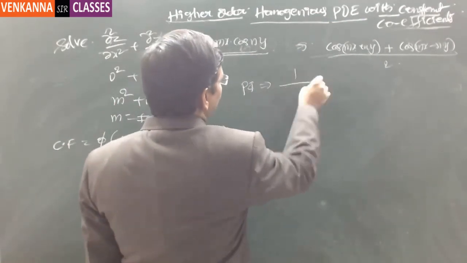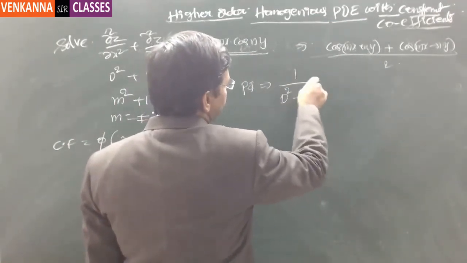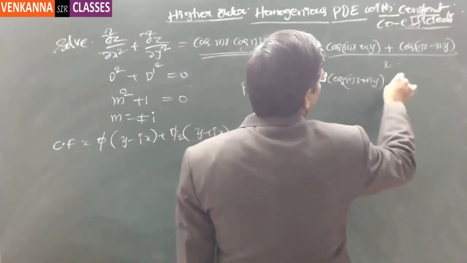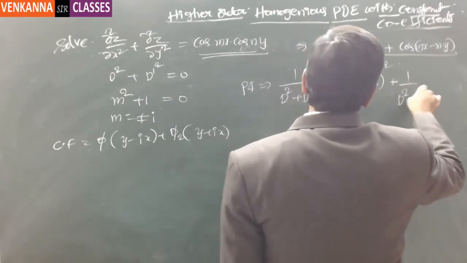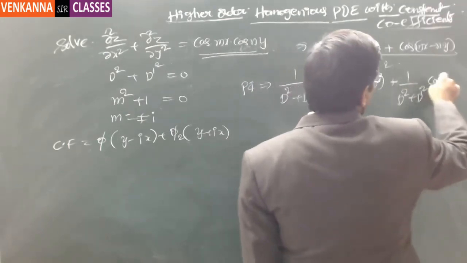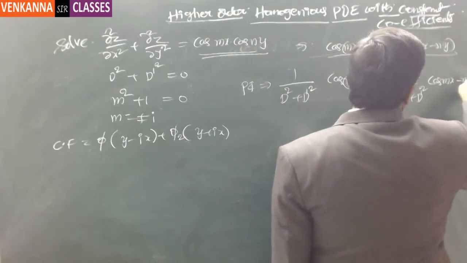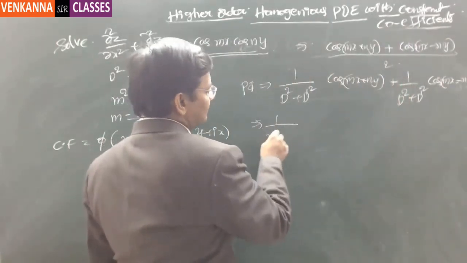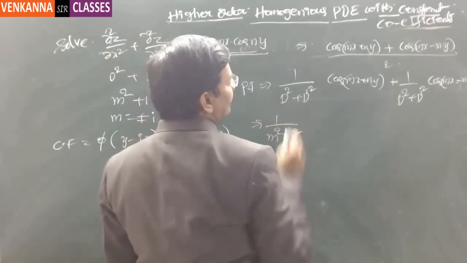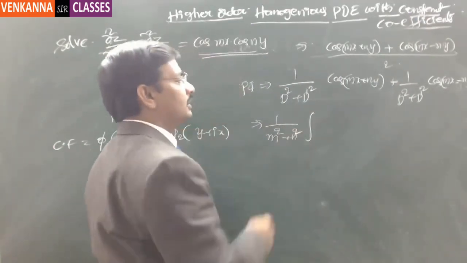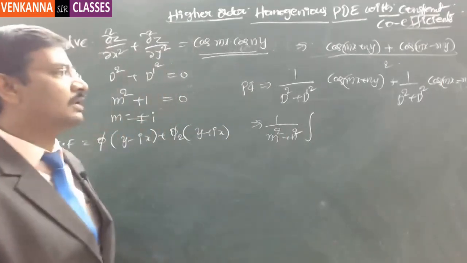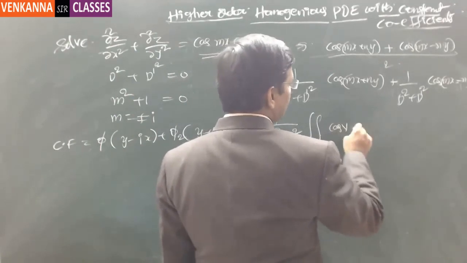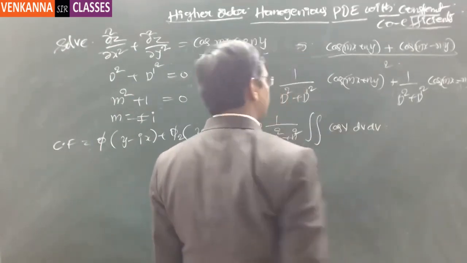So the particular integral is 1 by (D square plus D dash square) operated on cos(mx plus ny), plus 1 by (D square plus D dash square) operated on cos(mx minus ny). Now this is 1 by (m square plus n square), and since this is a second order differential equation with D square and D dash square, we have 2 times integration of cos v dv dv.